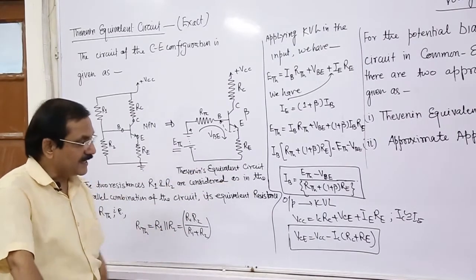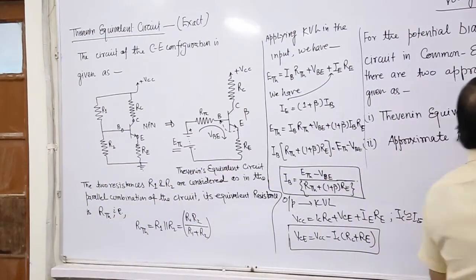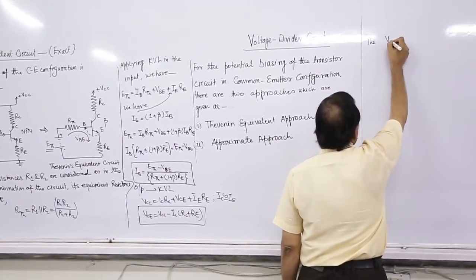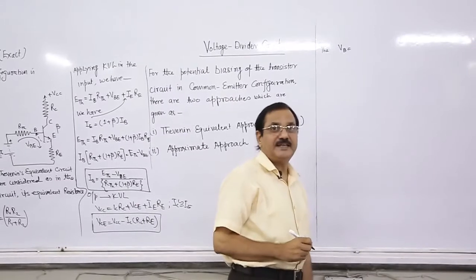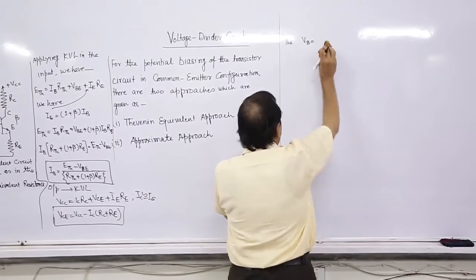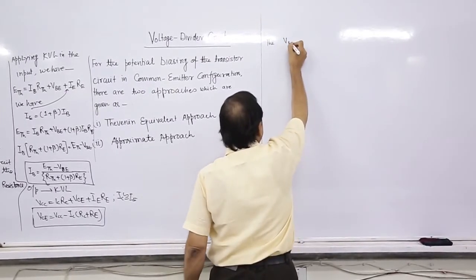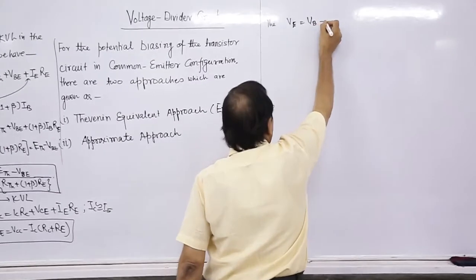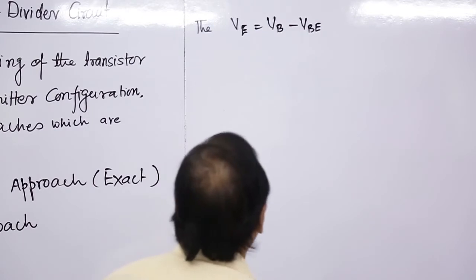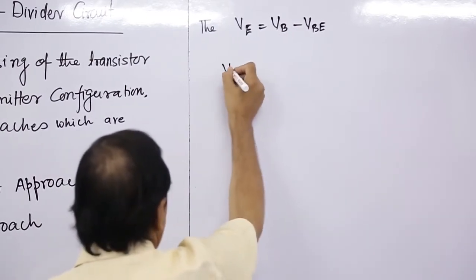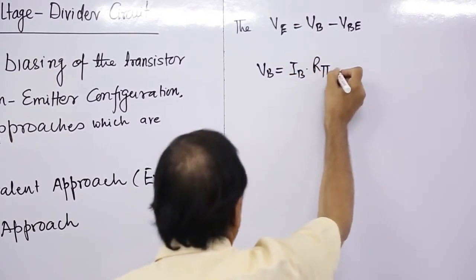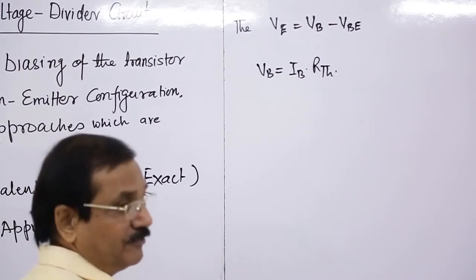So from this we can have VB, and VE is equal to VB minus VBE. And what the base voltage is, is nothing but IB into RTH, the current flowing across the circuit.